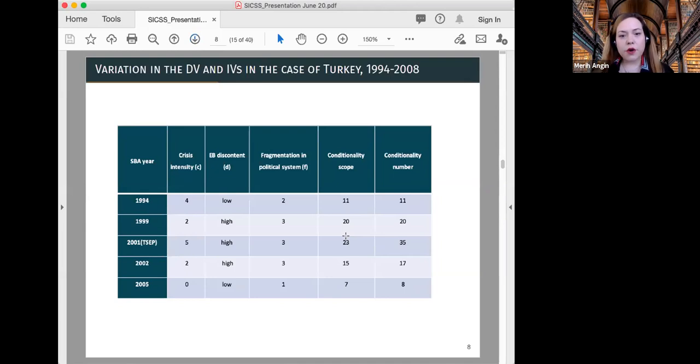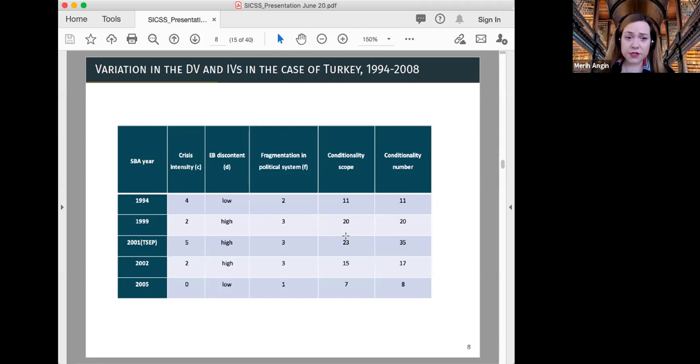Conditionality scope codes the number of categories, if you will, that are attached to an IMF loan the country is getting, and number is just counting the numbers of these conditions. So under the same category, you can get multiple conditionality, so we count it separately.